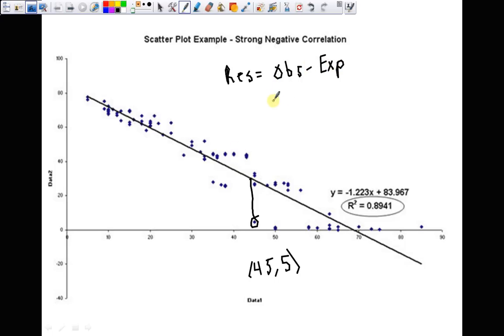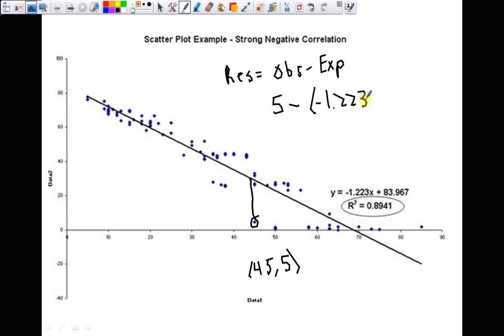So what did we actually observe? We observed 5. When x was 45, we actually observed a y value of 5. Now what do we expect to observe is when you put 45, the x value, into this equation, what do you get out? So I'm not even going to go through that, but just understand that that's the process that we're doing here.